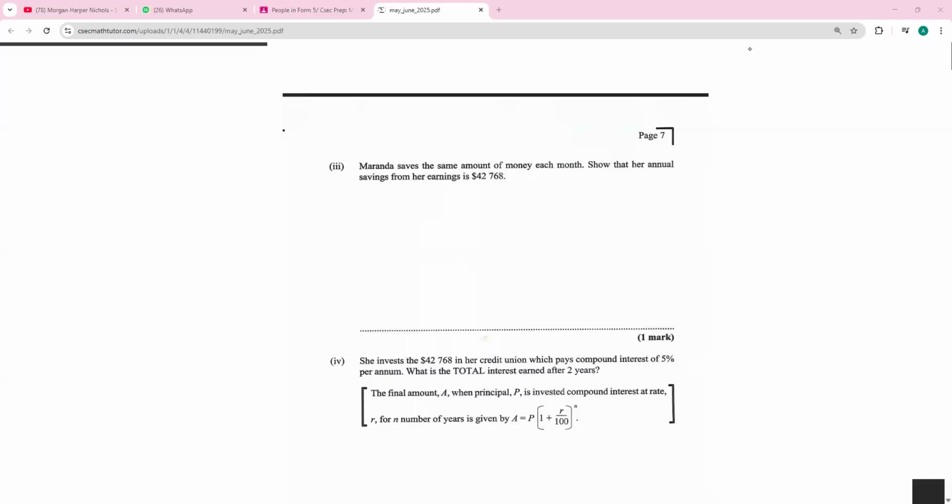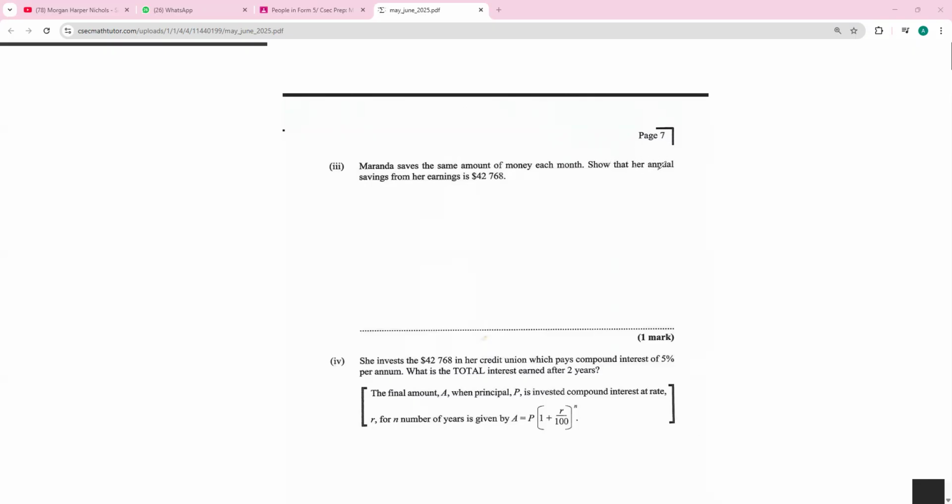All right, so let's take a look at 1B part 3. So it says it's a continuation from the last question. Miranda saves the same amount of money each month.